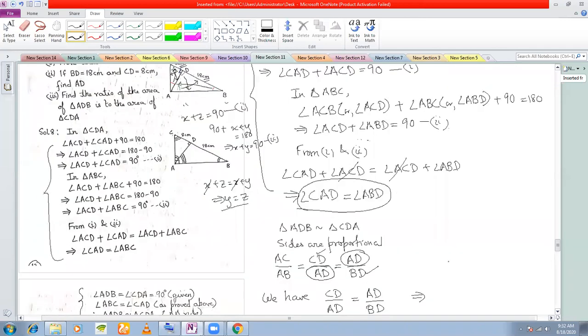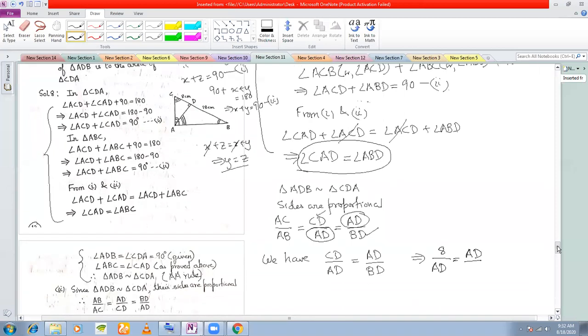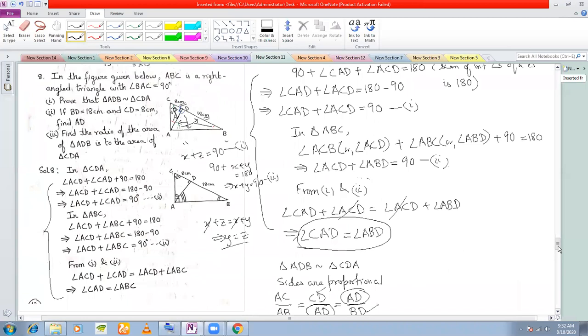CD is given as 8. BD is 18. So that means AD square, cross multiply, is equal to 18 into 8. That means AD square is equal to 144. Means AD is square root 144, which is equal to 12 centimeter. So managed to find out AD.